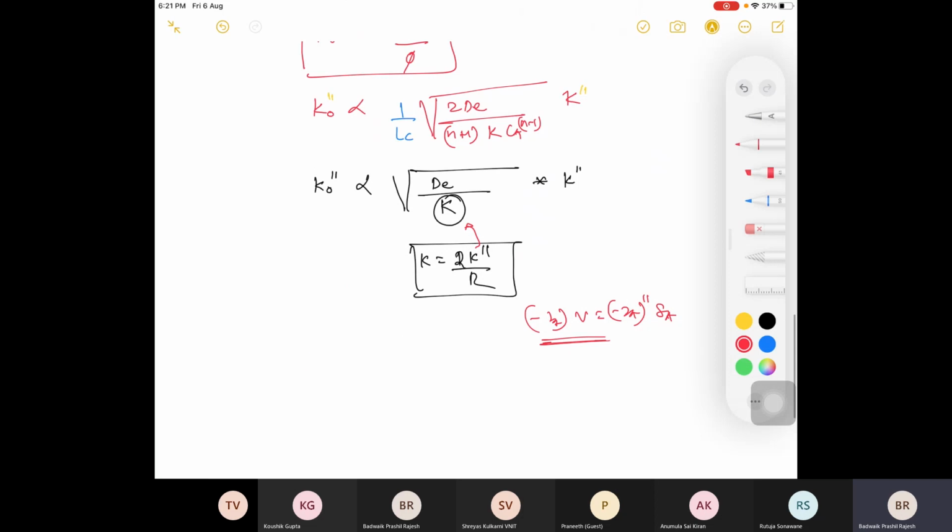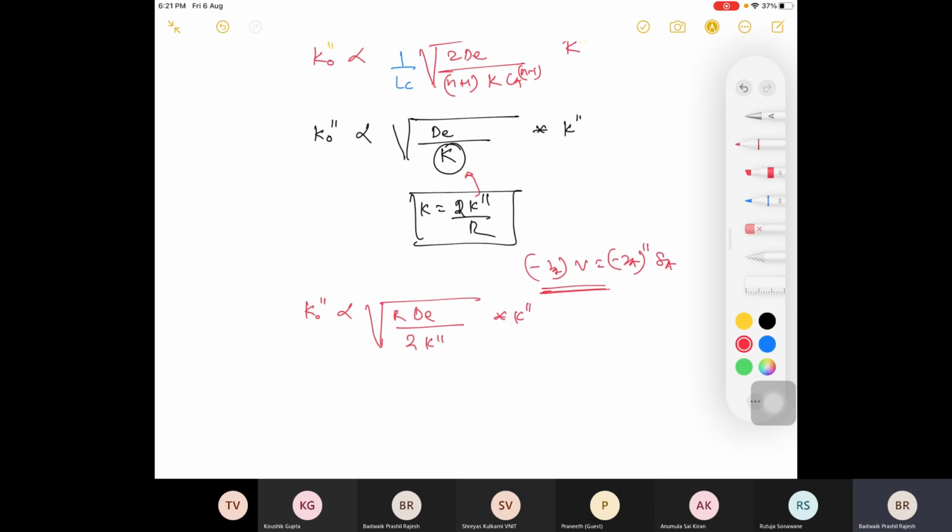Now substitute this here. So K observed double dash is directly proportional to the square root of De divided by 2K double dash, here R is there, and here K double dash.